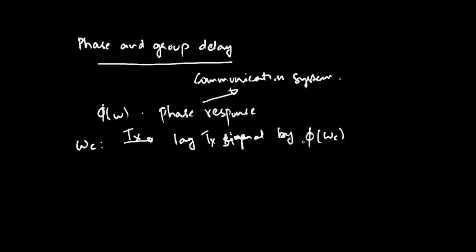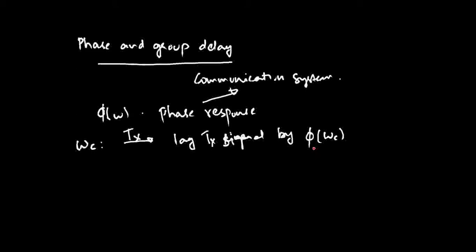So the phase of the received signal will not be the same as the transmitted signal. The phase response is phi of omega, so the received signal will lag by phi of omega c.